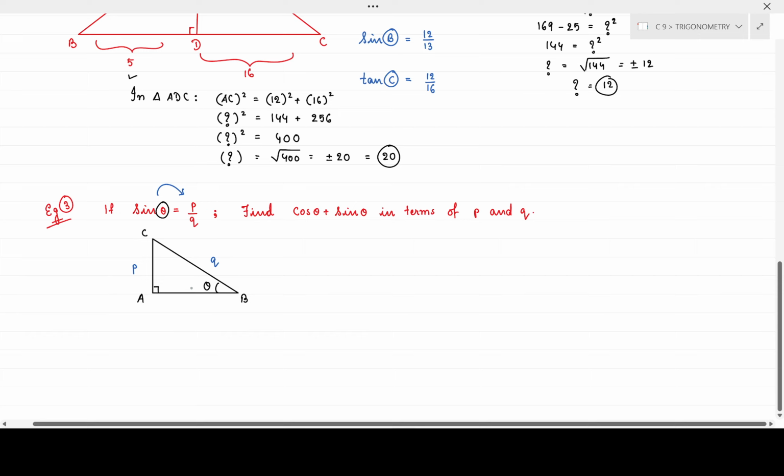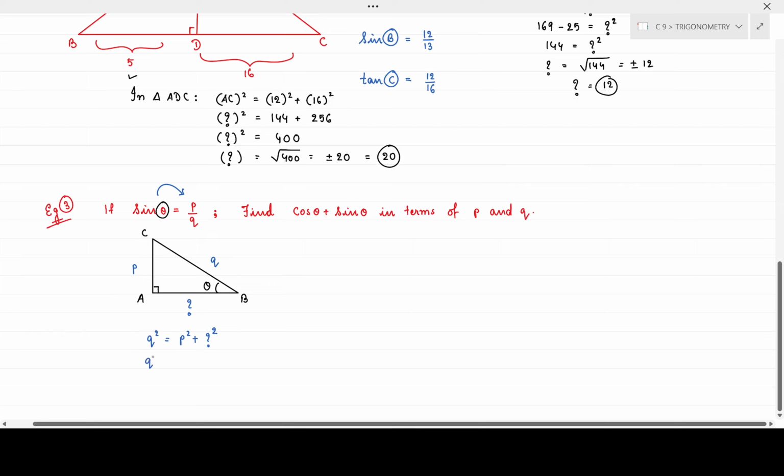After that, again, as you see that we don't know the value of AB here, so this is a big question mark. We need to calculate it with the help of Pythagoras theorem again. So according to Pythagoras theorem, hypotenuse square is equal to perpendicular square plus base square.